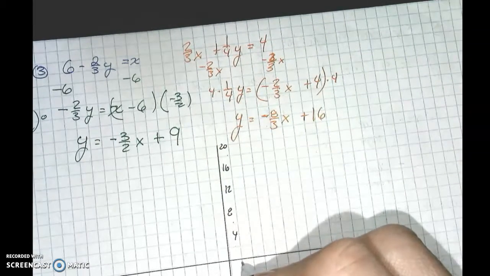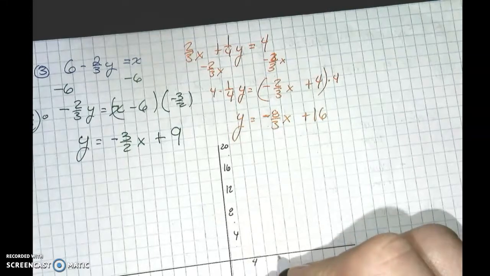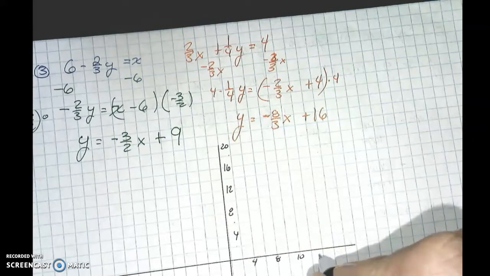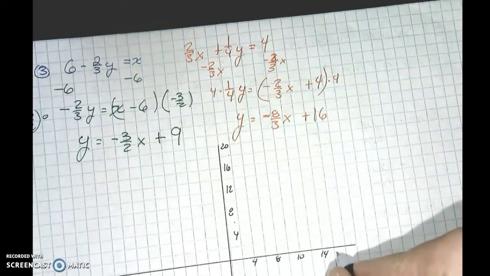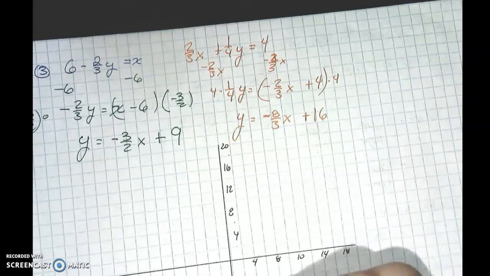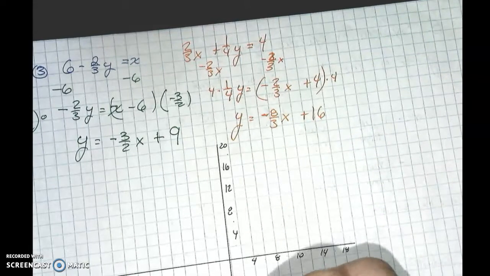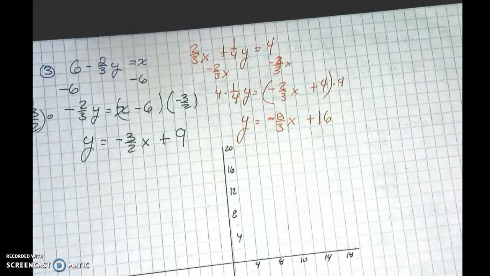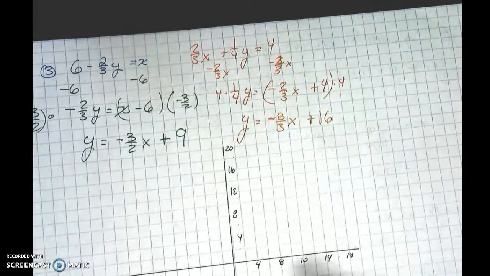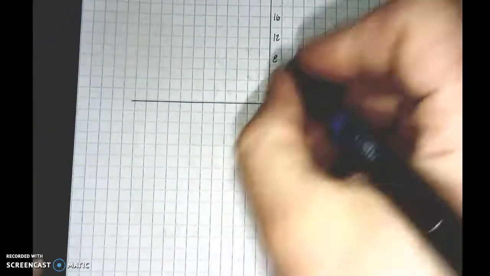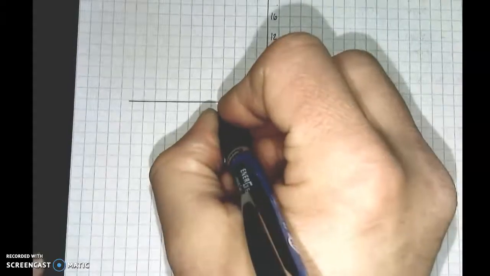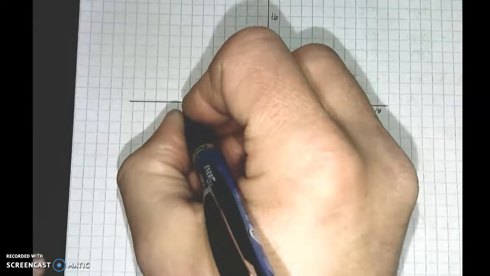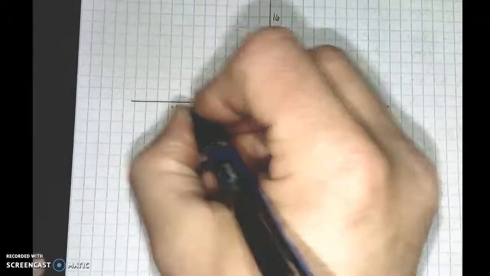And then 2, 4, 6, 8, 10, 12, 14, 16, 18. I think that should be big enough. Then negative 2, negative 4, negative 6, negative 8, negative 10. And then 4, 6, 8, 10, 12, 14, 16.